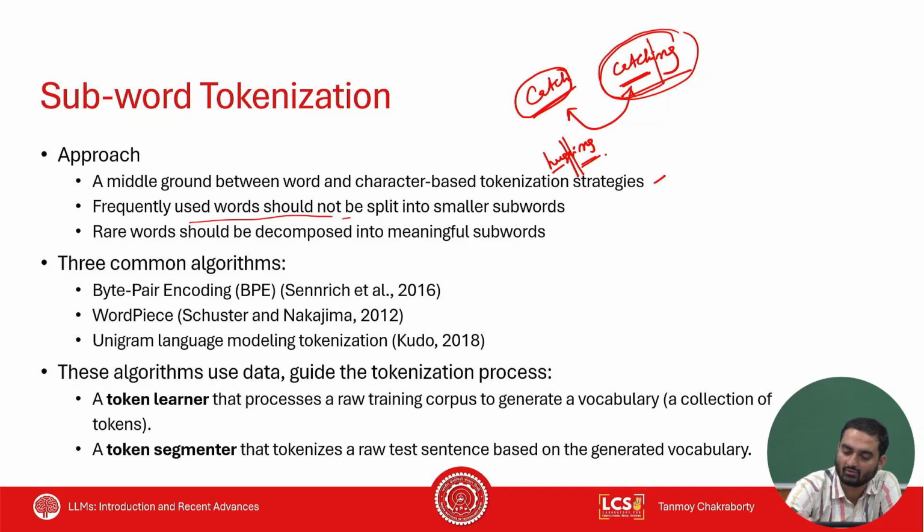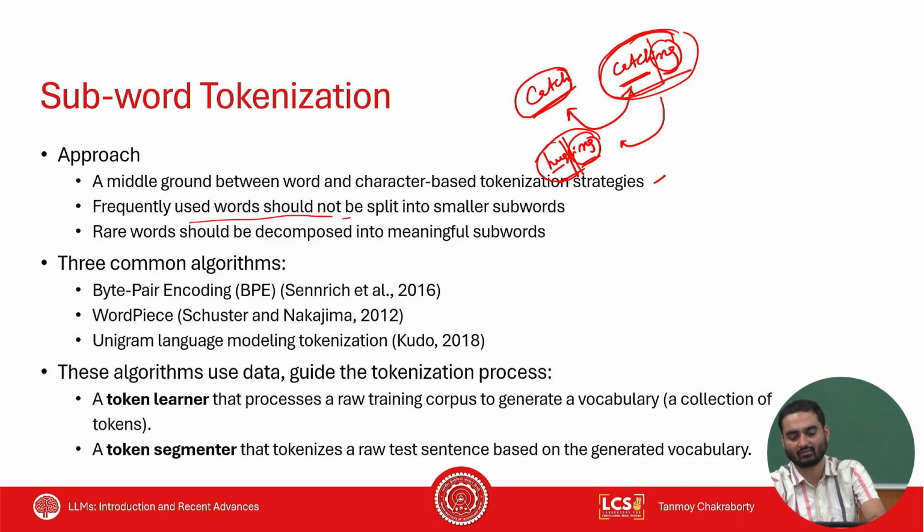Now you know that in your test set ing is present. In your training set, let's say hugging is present, where you know that ing is also part of hugging. So you can essentially say that maybe the words catching and hugging are similar in some context. Maybe both of them are continuous tense.